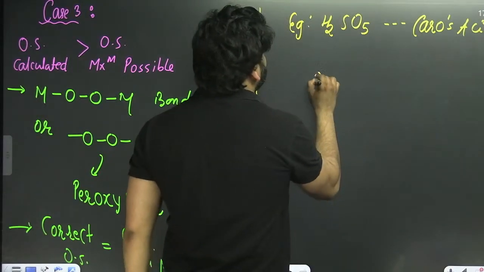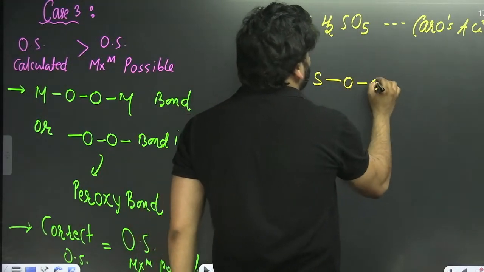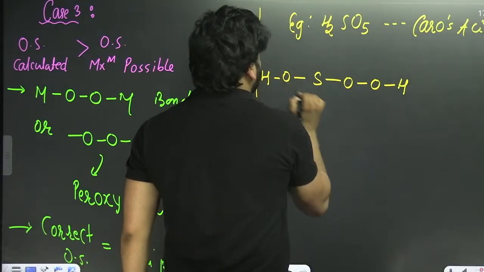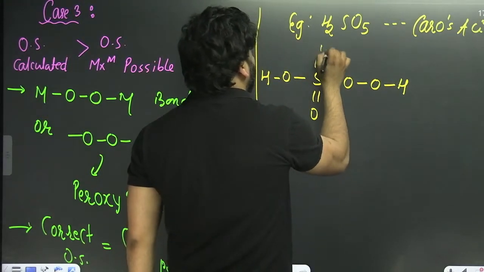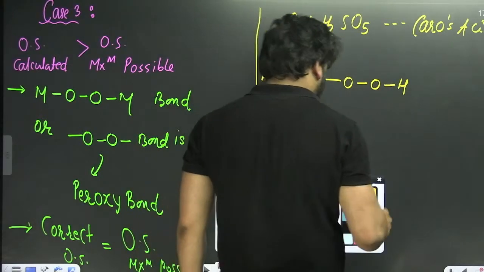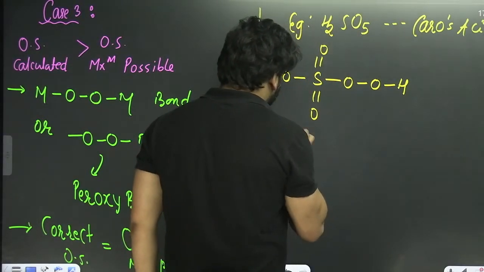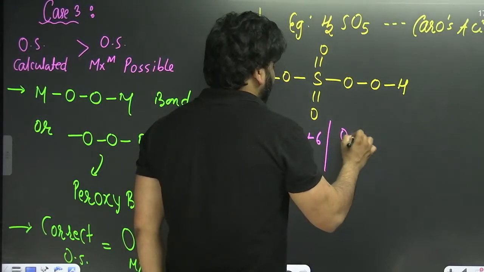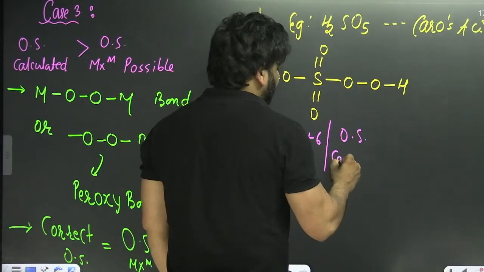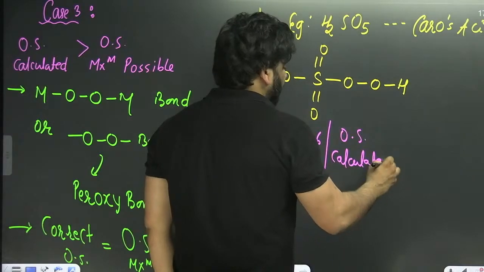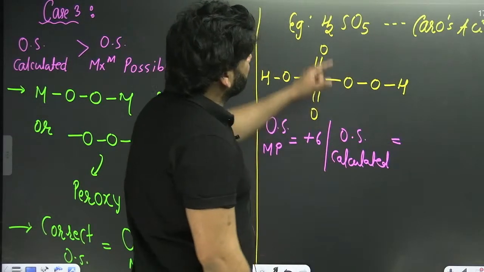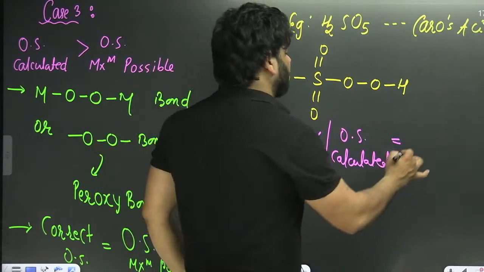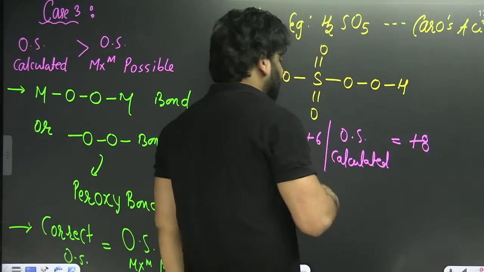So Caro's acid has its structure like S double bond O, OOH, then OH, double bond O and double bond O. If you want to find its maximum possible oxidation state, that is positive 6. If you find the calculated oxidation state, it will come out as 2 plus 10 minus x equals 0, so x comes out as positive 8. So you know that positive 6 is the correct answer.